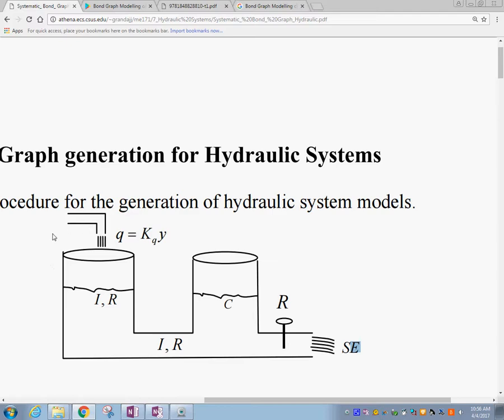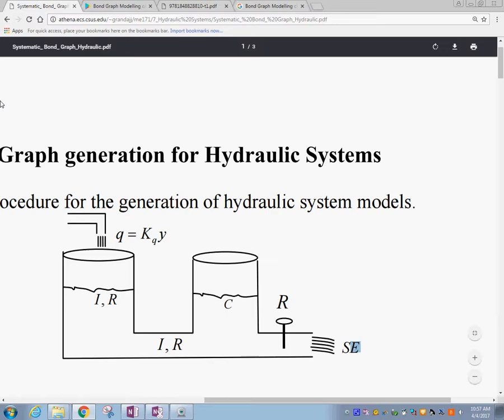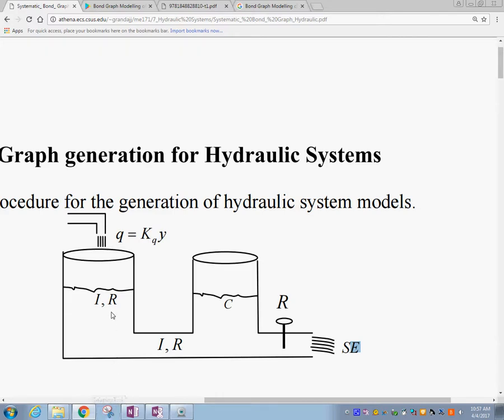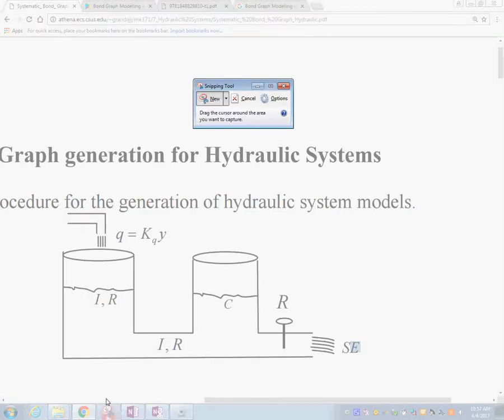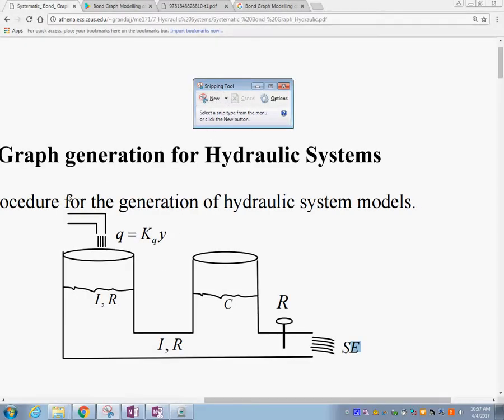You have a tank in here, and there's another tank in here. Right off, there's a little bit of a mistake in here. We need to correct it here.